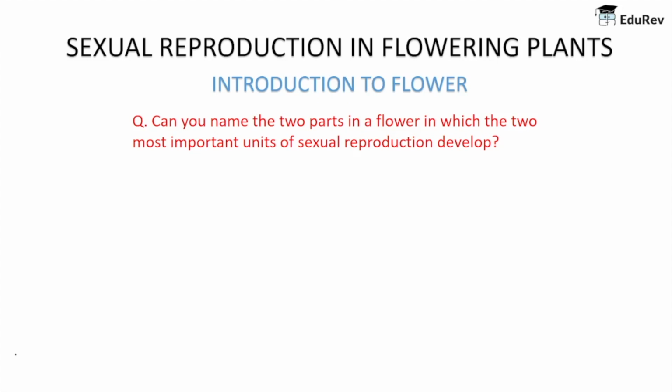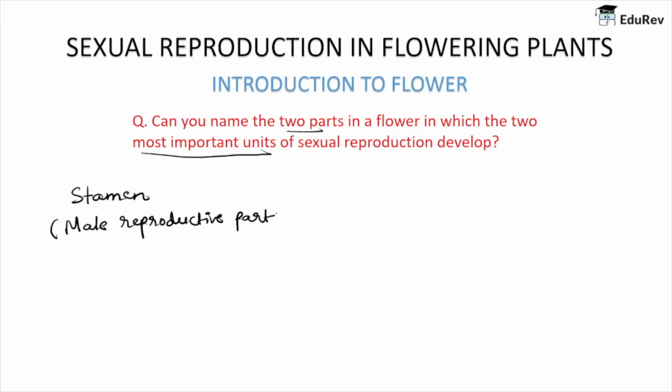Let us now try solving a question based on the topics that we just covered. The question says, can you name two parts in a flower in which the two most important units of sexual reproduction develop? According to what we have studied, first one is the stamen, and stamen, as we know, is the male reproductive part of the flower.